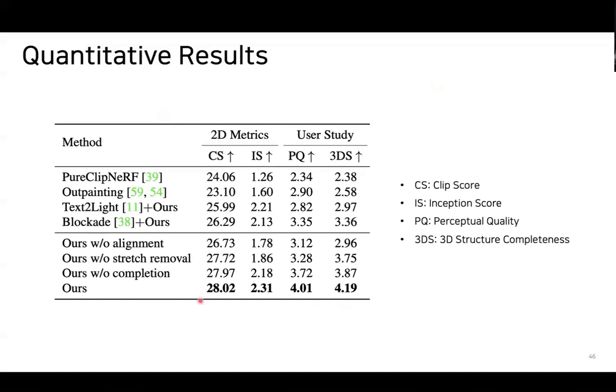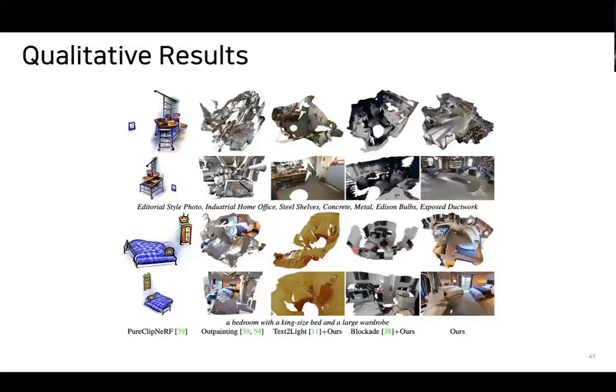So as shown in the table, Text2Room creates scenes with the highest quality in the quantitative results. And in the qualitative results, pure clean NeRF cannot produce an immersive scene, with blurs and noise. They can only generate the object.